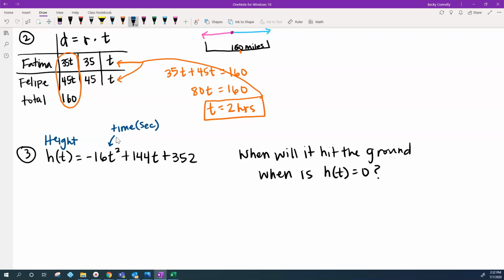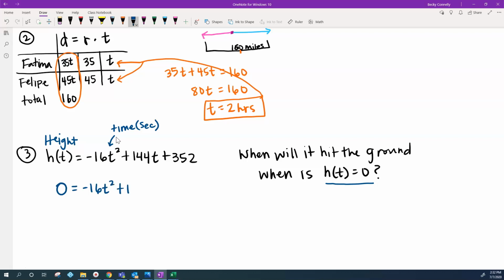So you can figure out, at 3 seconds, how high the rocket would be in the air, or at 5 seconds or whatever, you could plug those in for t and figure out the height. But we're trying to figure out, when is the height 0? So we need to put 0 in place of our h of t, and then solve it from there.